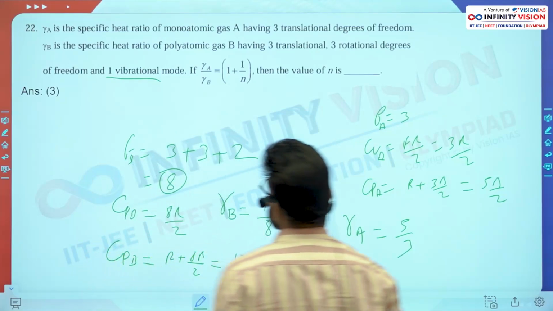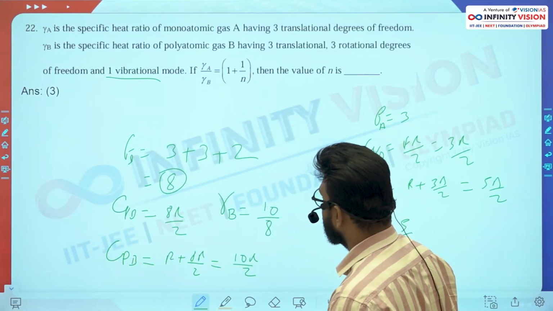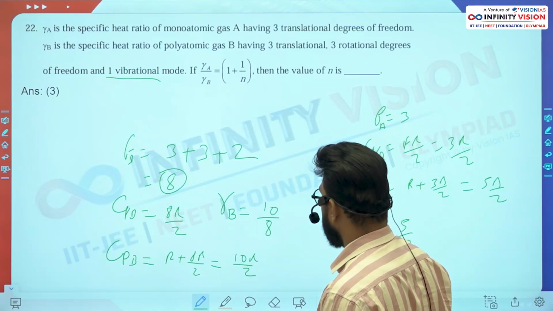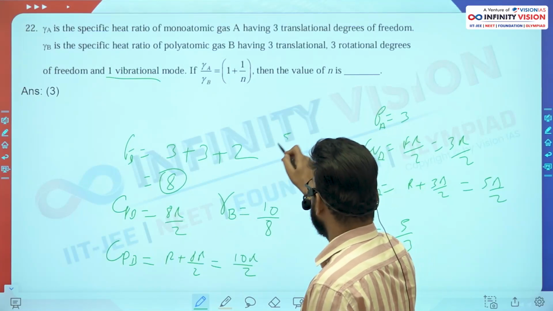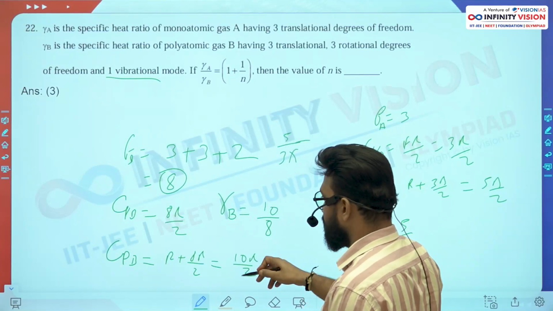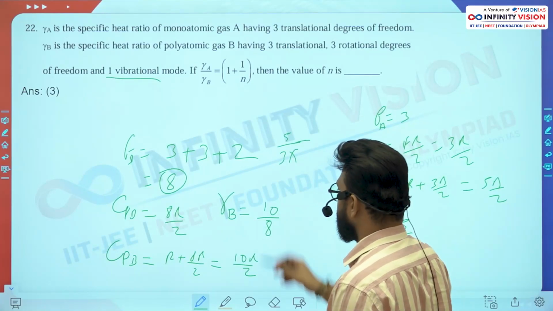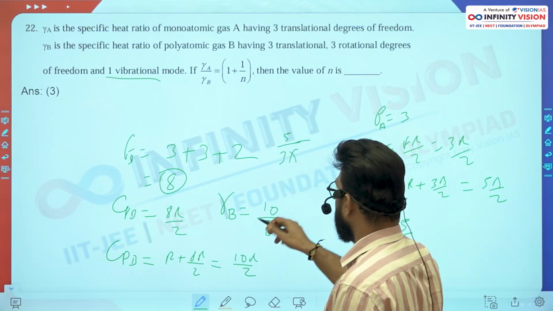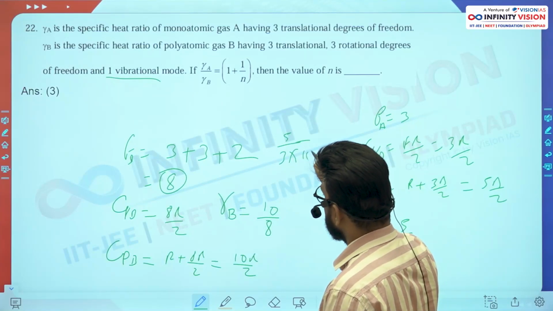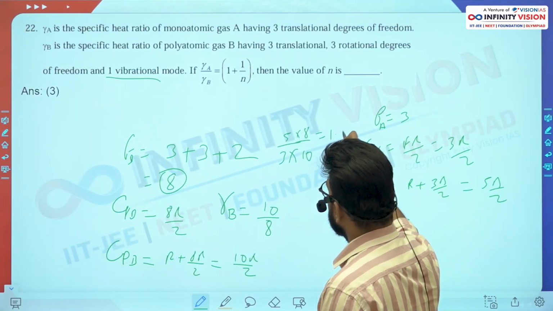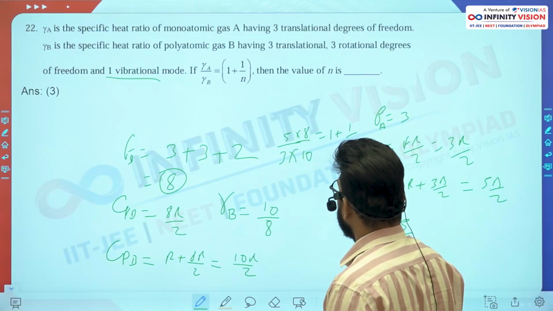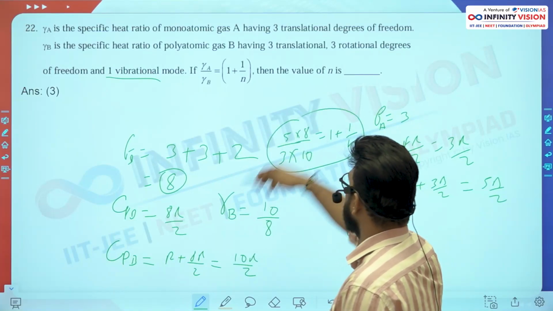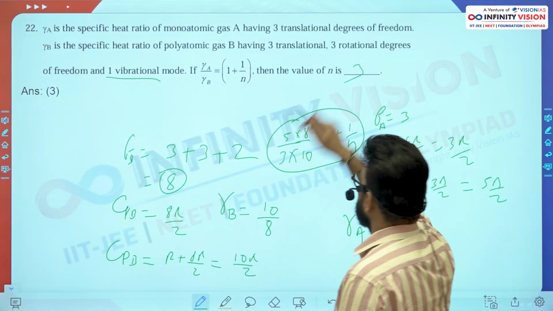So you need to find out the ratio of gamma A by gamma B, which is 1 plus 1 by n. Gamma A is 5 by 3, divided by gamma B, which is 10 by 8. This is 1 plus 1 by n. Solve it, you'll get the value of n as 3.